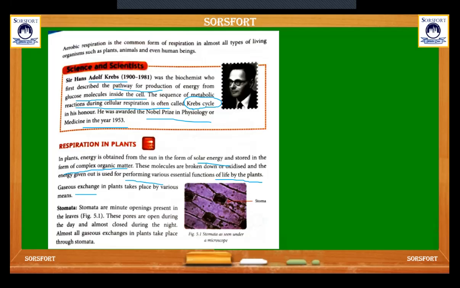Gaseous exchange in plants takes place by various means. First one is stomata. Stomata are minute openings present in the leaves. These pores are open during the day and almost closed during the night. Almost all gaseous exchange in plants takes place through the stomata.